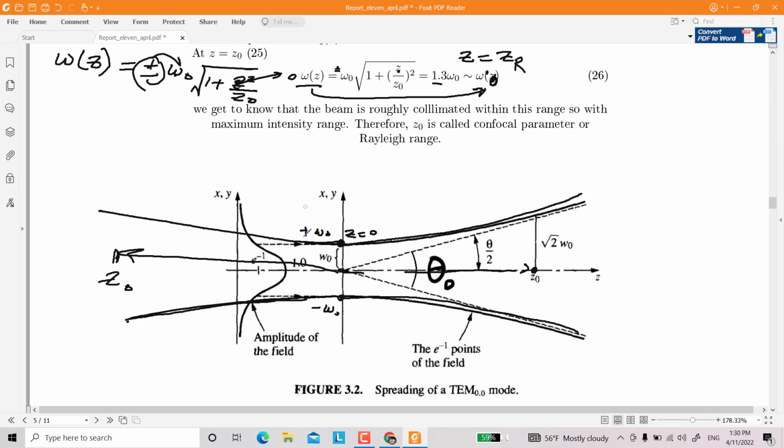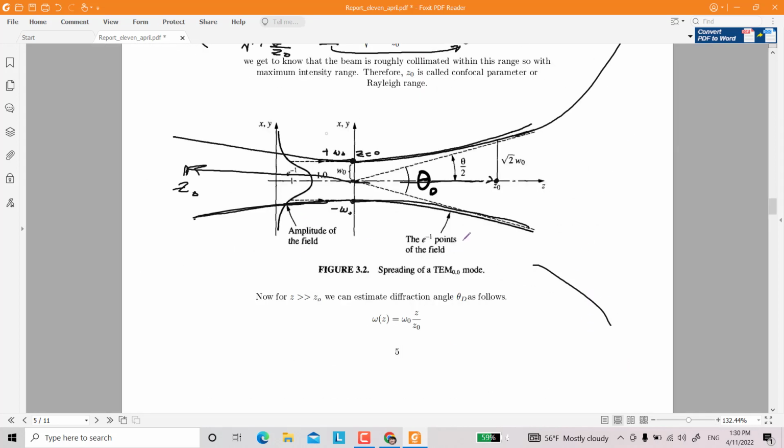Within this range, you will see that your beam has minimum diverging or converging effect. So the beam will be roughly collimated in this region. If you go away from z0, then you will observe that your beam is going to diverge drastically. It is no longer collimated.